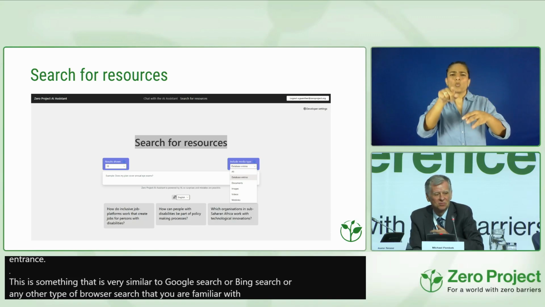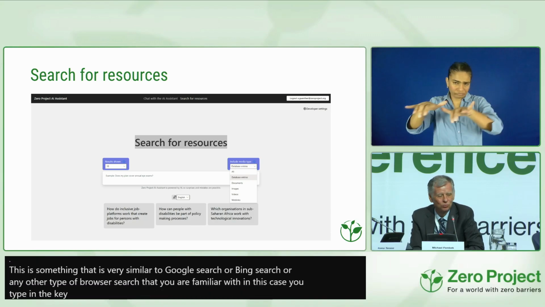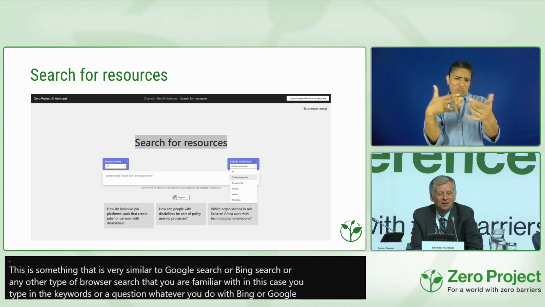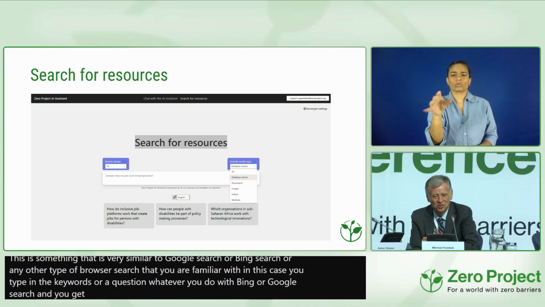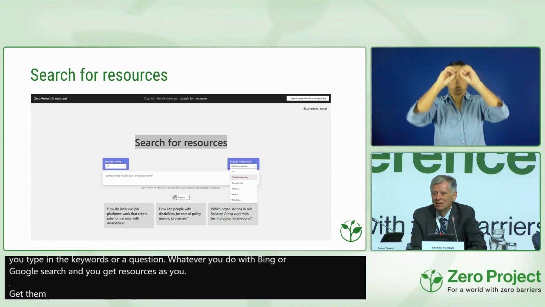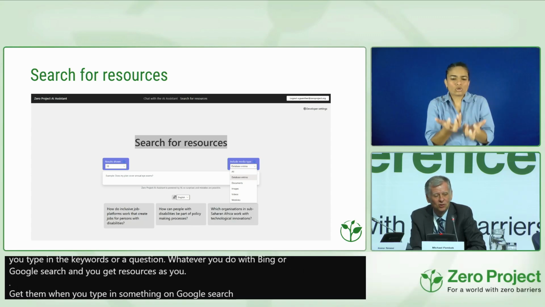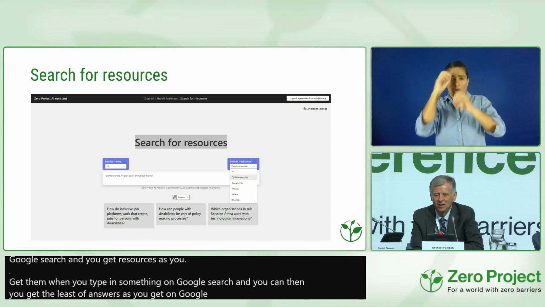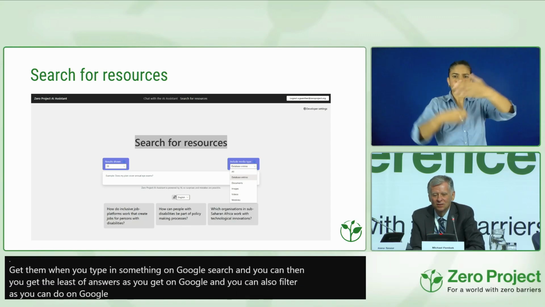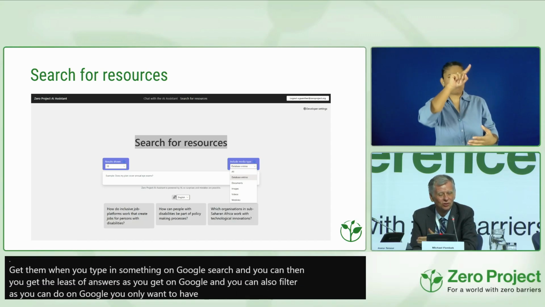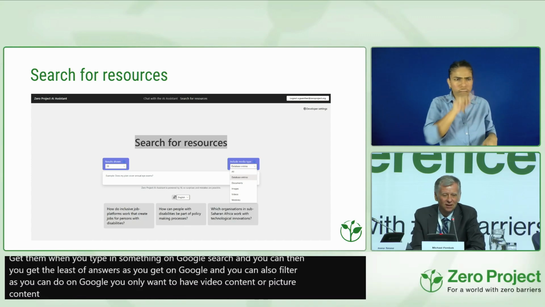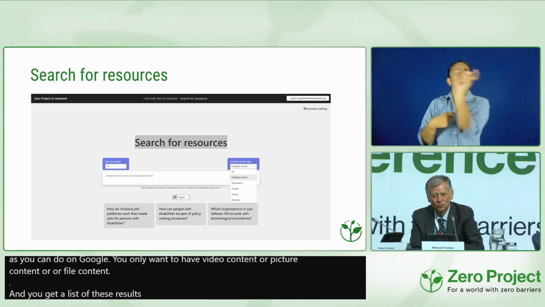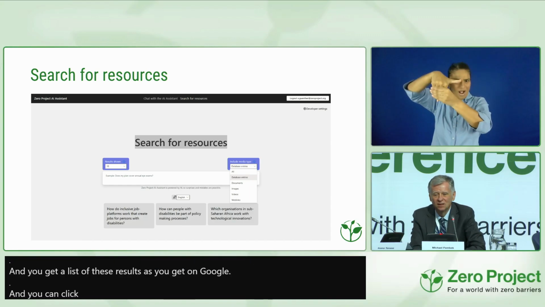In this case, you type in keywords or a question, whatever you do with Bing or Google search, and you get resources as you get them on Google search. You get a list of answers, and you can also filter as you can do on Google. You only want to have video content or picture content or file content. And you can click on a result and you're immediately at this source.